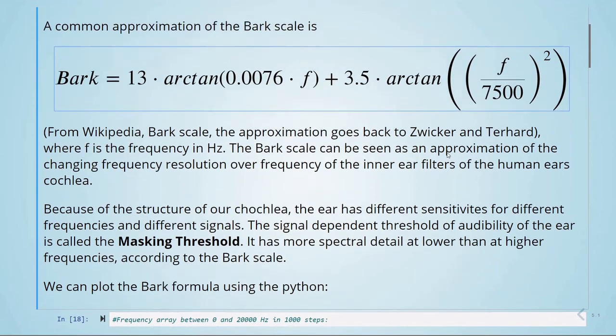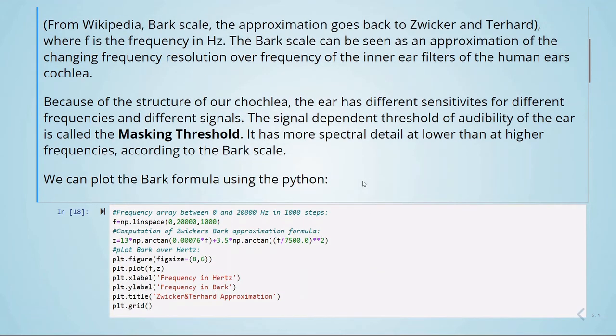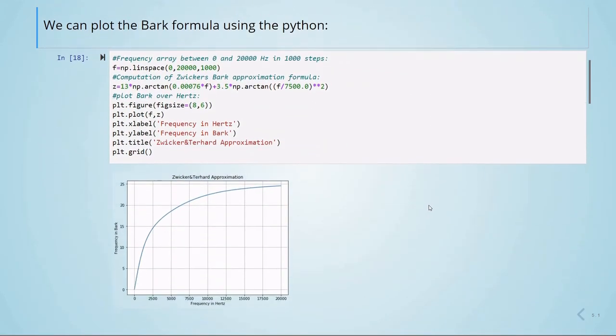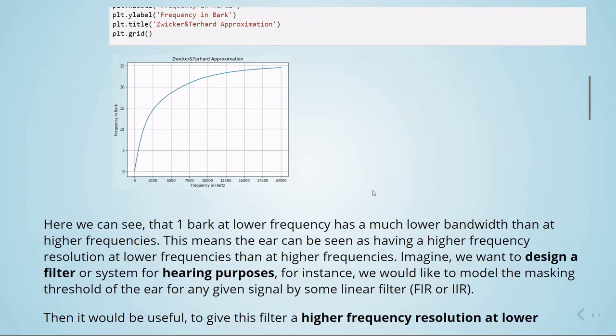So we can plot this Bark formula in Python. Here we are defining some linear space from 0 to 20,000 in steps of 1,000, and we are computing this Zwicker Bark approximation formula. We define this formula here in Python, and then we plot Bark over hertz. Here we have the frequency in hertz, and here we have the equivalent frequencies in Bark.